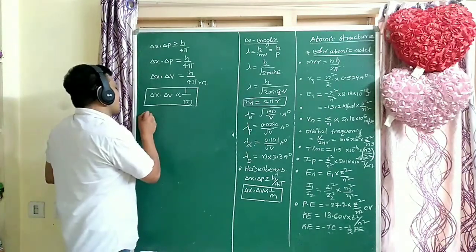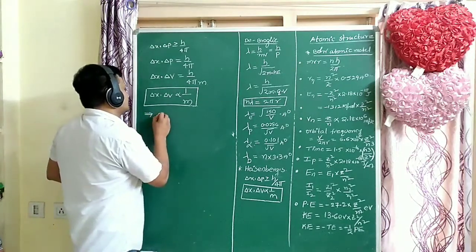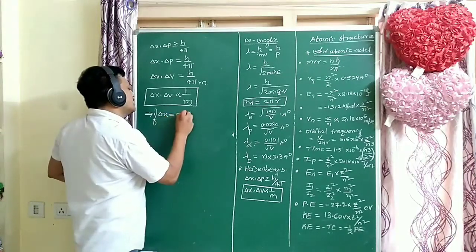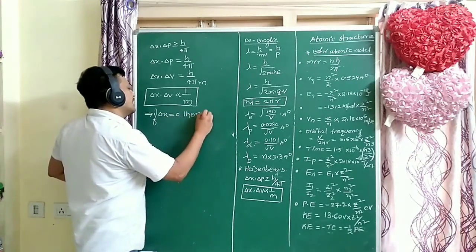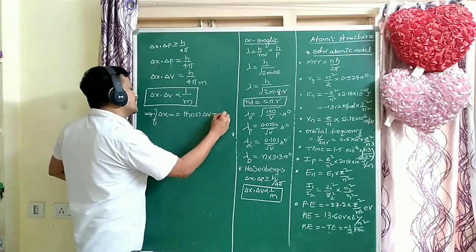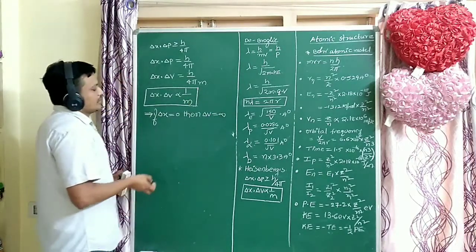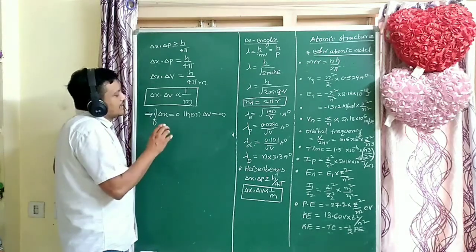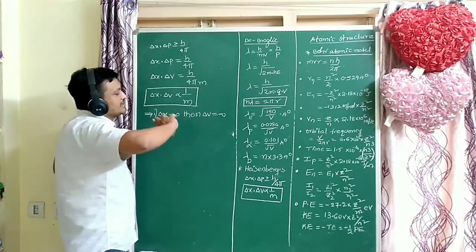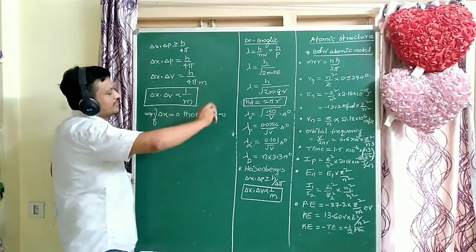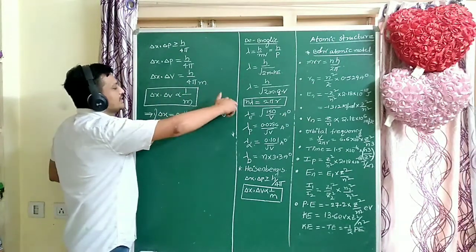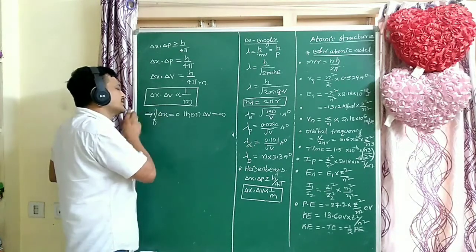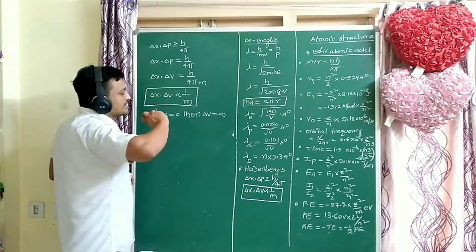So this theory is against Bohr theory. Here, if delta x is 0, then delta v equals infinity. That means there is no uncertainty in the position of the electron, and at that time the uncertainty in velocity is very large, infinite. If the position is measured 100% accurately, we cannot measure velocity.